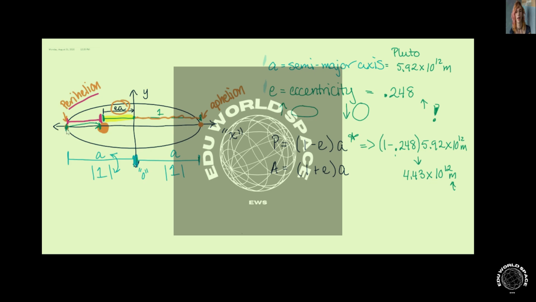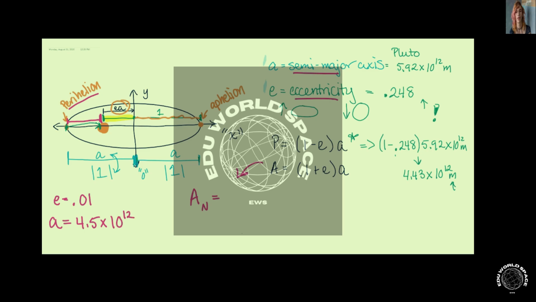So perihelion. When we talk about aphelion, let's use a different planet, just to impress upon the point that our semi-major axis and our eccentricity is planet dependent, right? So if we talk about Neptune, let's say we're finding the aphelion of Neptune. Once again, that's going to be 1 plus E times A. So our eccentricity for Neptune will be 0.01, and our semi-major axis for Neptune is going to be 4.5 times 10 to the 12.